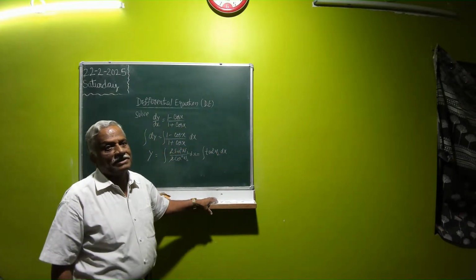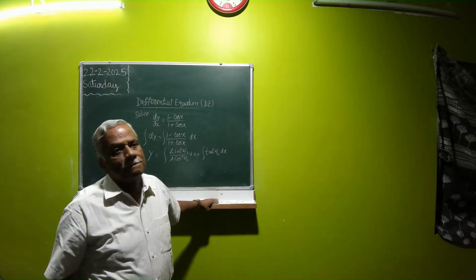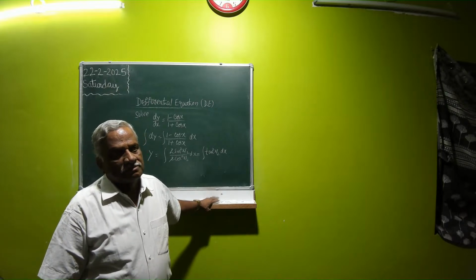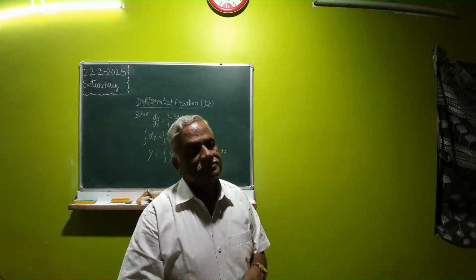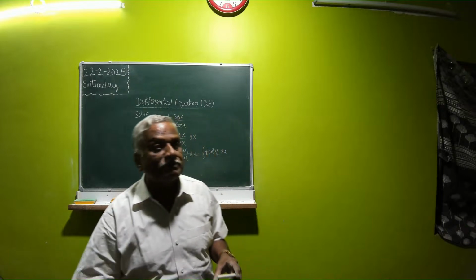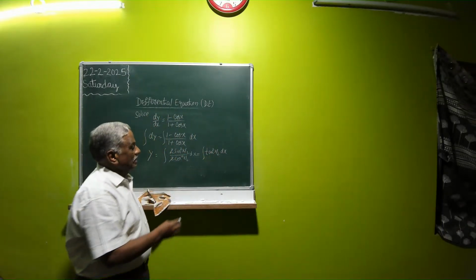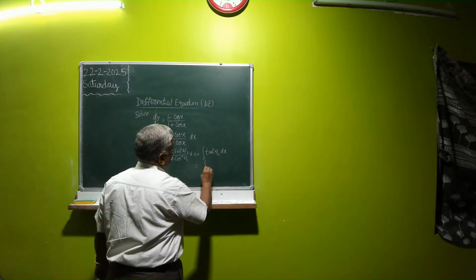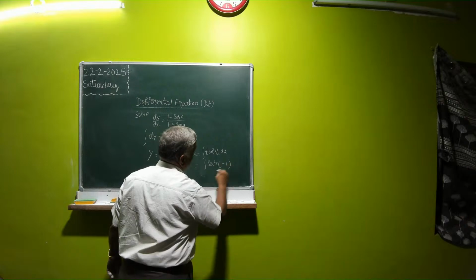How to integrate tan square x by 2? Tan square x by 2 is not directly integrable. Whenever there is a function that is not directly integrable, see whether it is possible to convert it into an integrable form, then integrate it. There is a formula: you can write tan square x by 2 as (secant square x by 2 minus 1) dx.